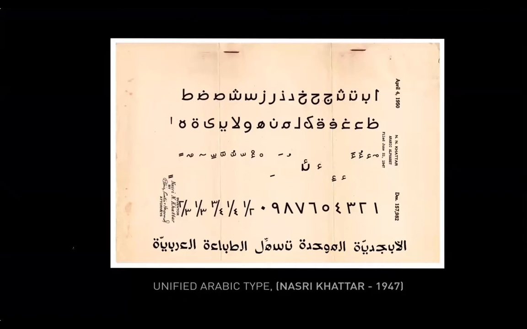As an example, there is the unified Arabic font created by Nasri Khattar in 1947, with letters that don't need to attach to form words. Yes, it's clearly breaking the basic Arabic grammatical rules and also breaking the word unit that is very important in the Arabic language, but it somehow made it easier for people to learn and write Arabic.